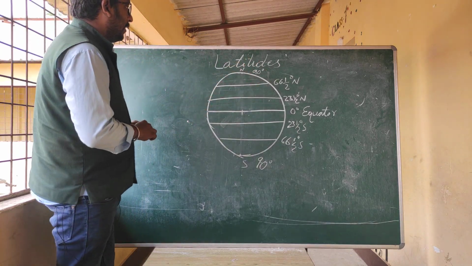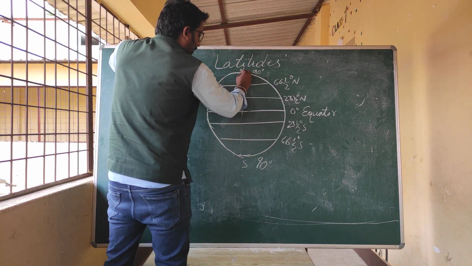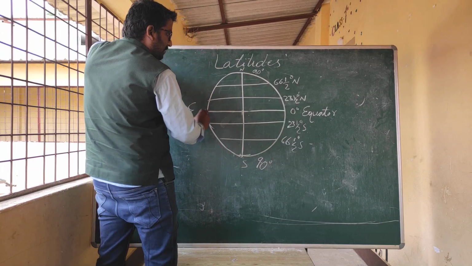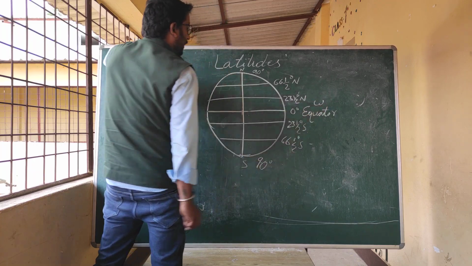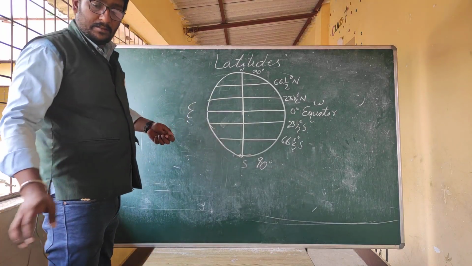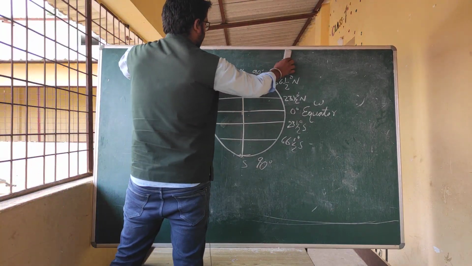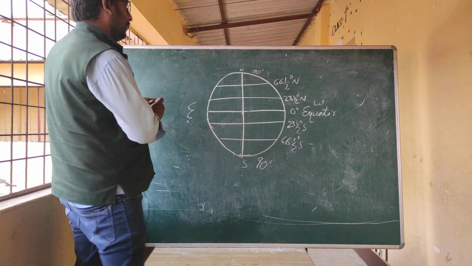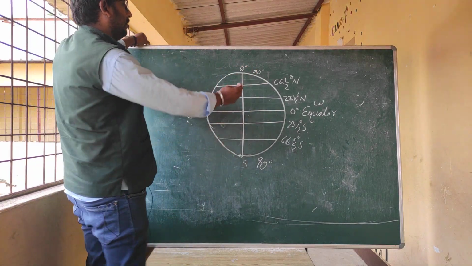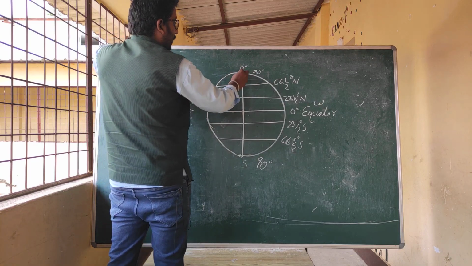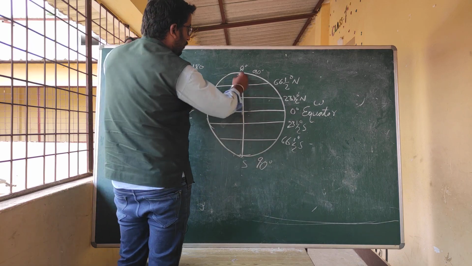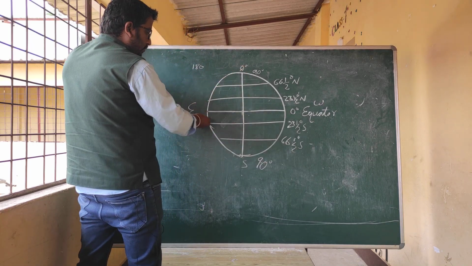Now coming on to longitudes, dividing Earth from top to bottom into two halves, this being the eastern side and this being the western side. Here the part is bigger, and this 0 degree, the 0 degree here is known as prime meridian, and it runs from this way to this way, counting up to 180, 0, 1, 2, 3, 4, 5, 6, and it goes on till here.